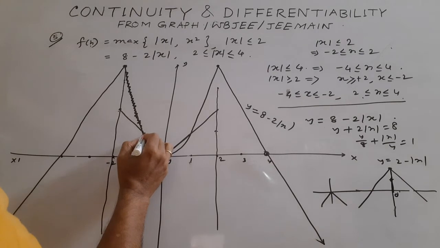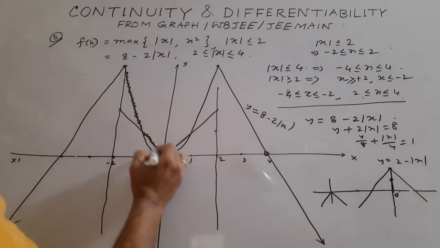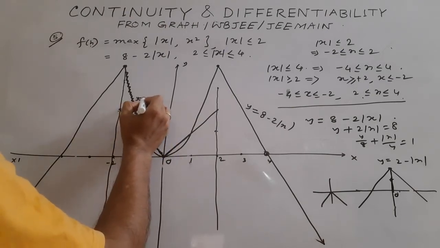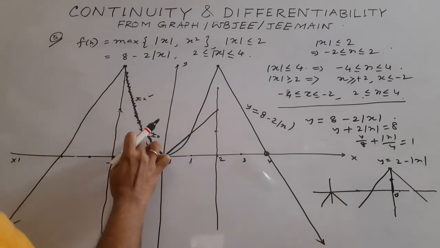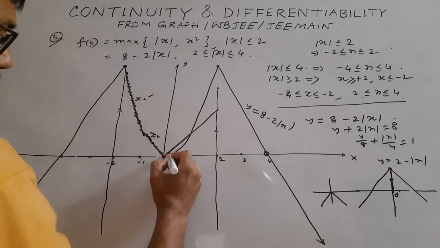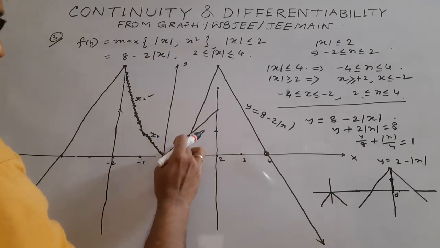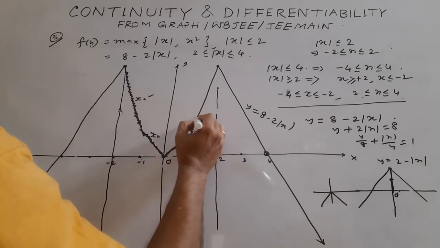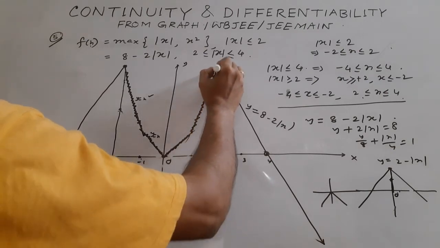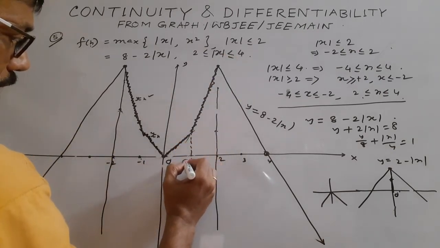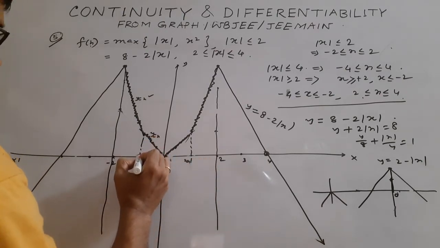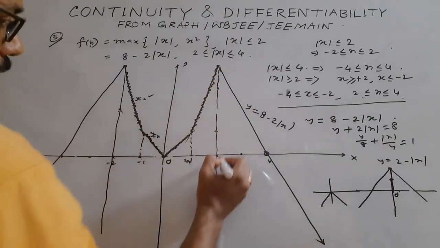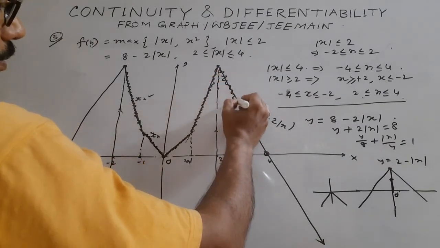And for this, this is y equals x, this is y equals x square. So this part is absent, this part is absent. Then you are getting this one. This part is absent. And from 2 you are getting this part. This one is x equals 1, this one x equals minus 1, then this is x equals 2. So only one part.